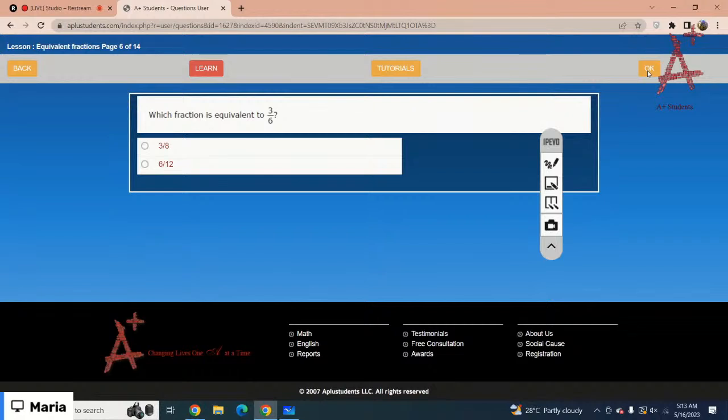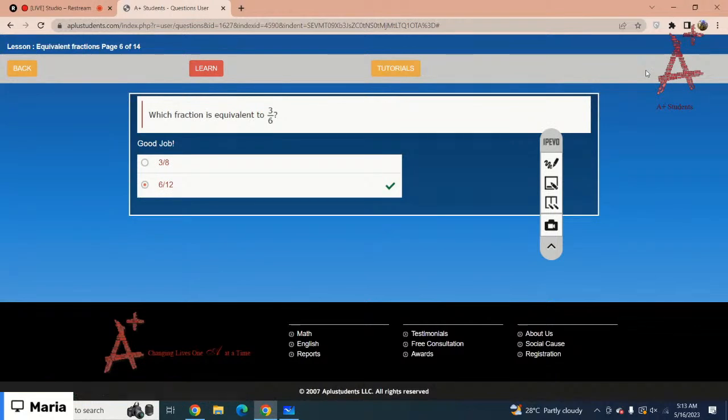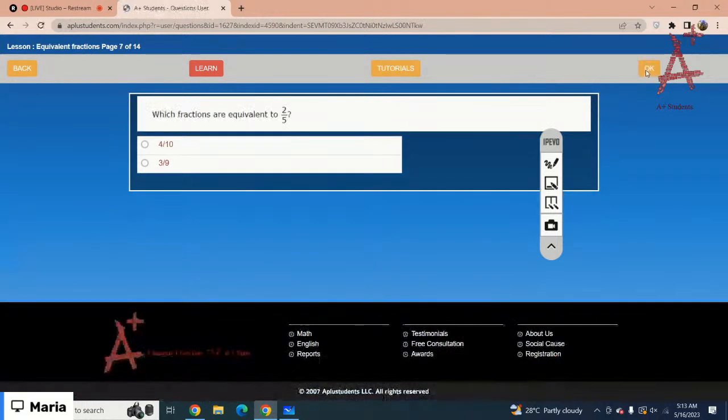Okay, which fraction is equivalent to 3 over 6? So which is the correct option? Yes, it would be 6 over 12. Okay, which fraction is equivalent to 2 by 5?